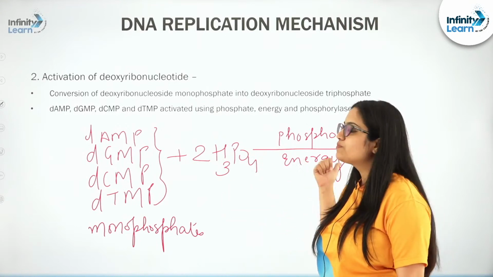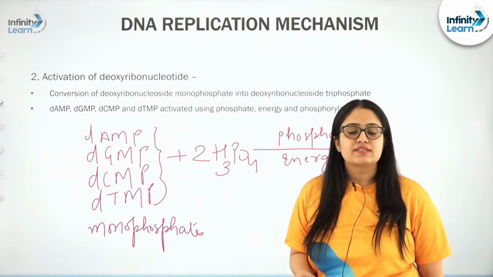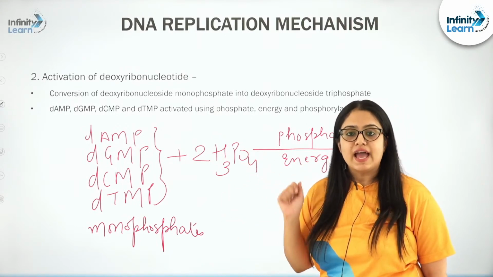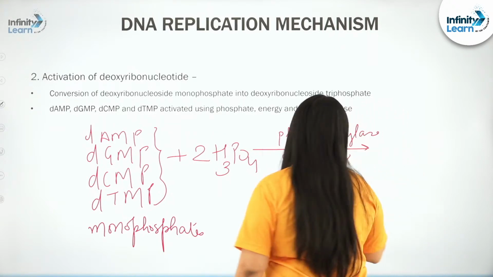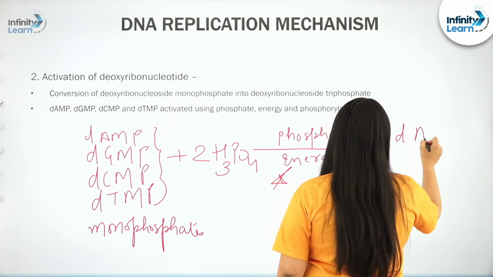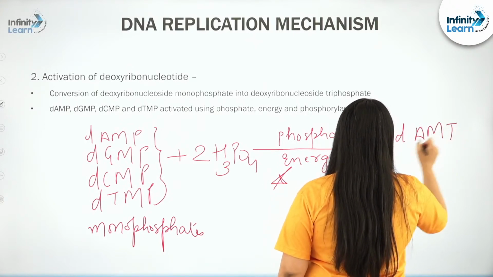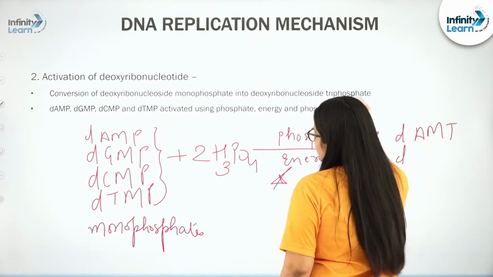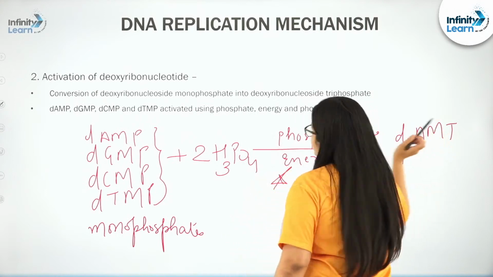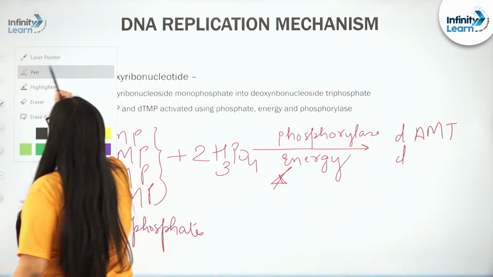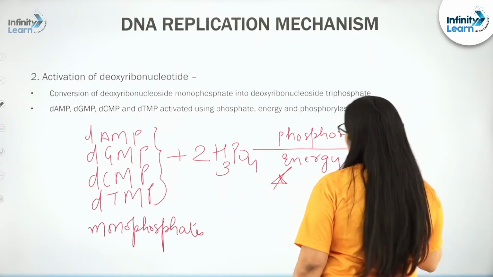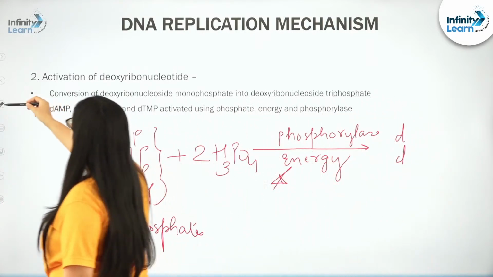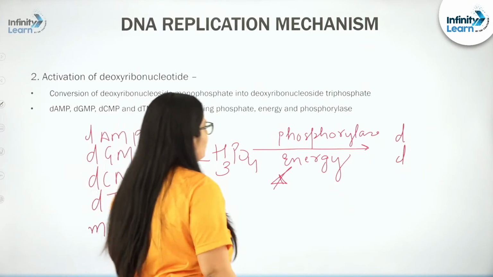Remember, this reaction will be catalyzed with the help of phosphorylase and there will be requirement of energy in it. So, finally what you will get: DAMT, sorry, 1 second, I wanted to write T here, because here M is representing monophosphates.